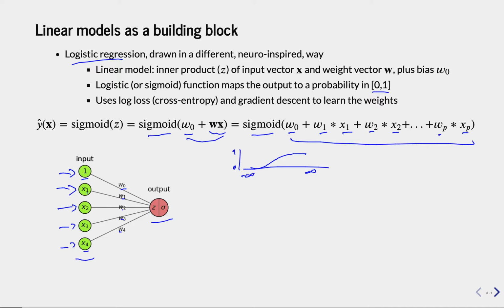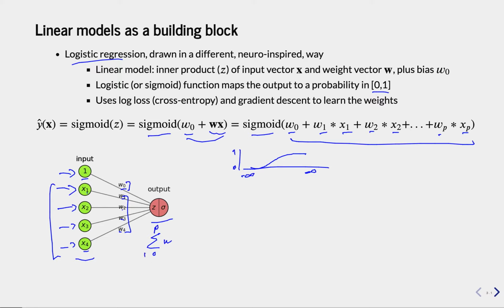Every value in our input instance is then weighted, and then we sum that up, or we take the dot product, which is the same thing here. After we do that, we take the dot product of our inputs X and our weights, and we add a bias as well, which is the same as taking the sum of all the inputs xi from i=0 to p.